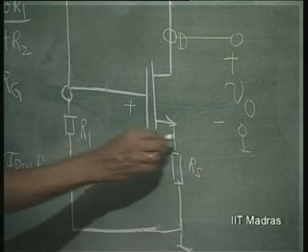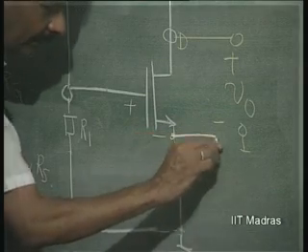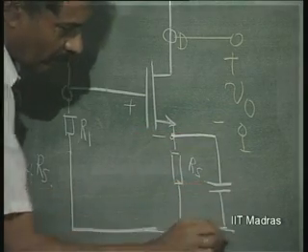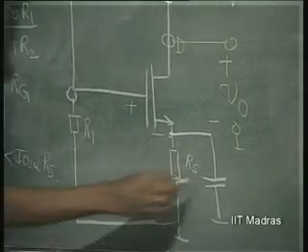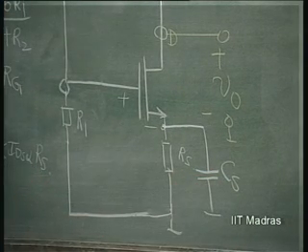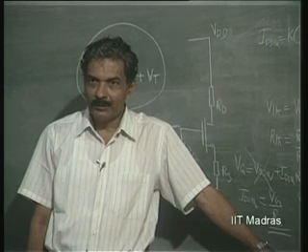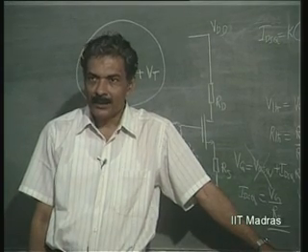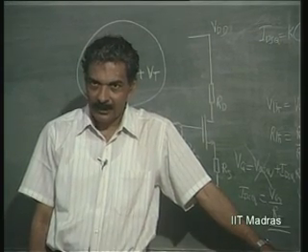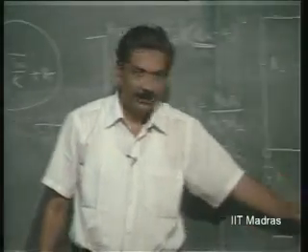So, this particular thing later has to be bypassed by using a capacitor Cs. This also we had seen earlier, how to select the value of the bypass capacitor. It should be selected in such a manner that it is a short circuit compared to any impedance seen across it.